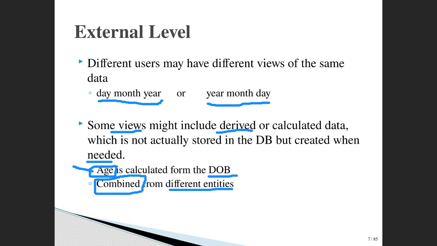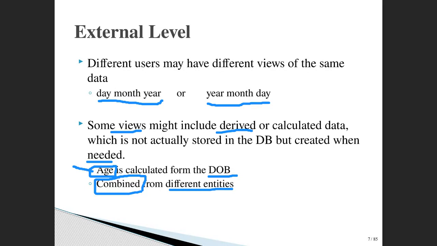Got the point? Some other views are combined from different entities. For example, let's talk about if we have first name, second name, last name, or family name. These are separated in different fields, right? First name is in one field, second name in another field.